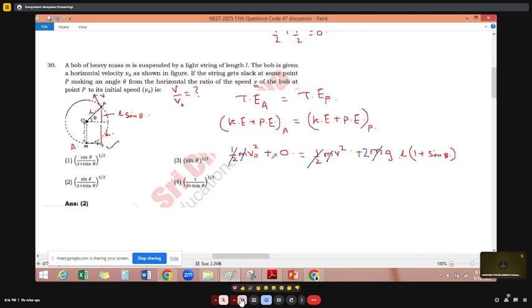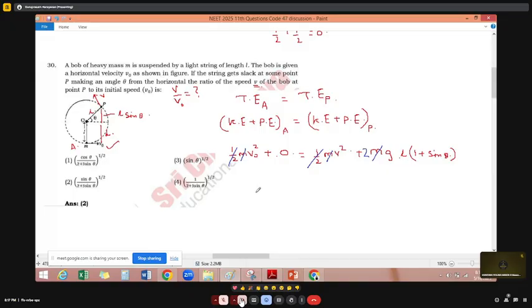V naught to V ratio is what I want, but with 2g L sine theta I can't find the ratio with this alone. Somehow they have eliminated the L. I don't see L in the solution.